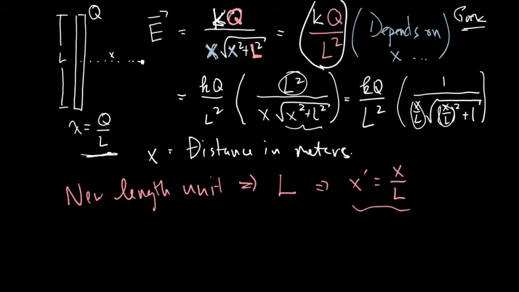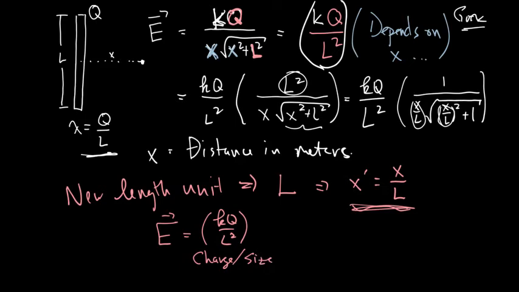So when I make this substitution, my electric field is kq over L squared. This only depends on the charge of the object, the size of the object, and the physical constant k, which was our goal up here.